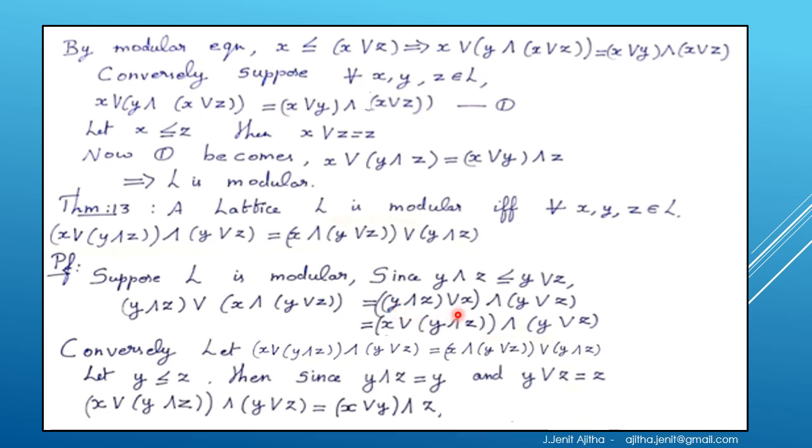So you can interchange these two. So this is equal to (X join (Y meet Z)) meet (Y join Z). So we have proved the direct implication, and now the reverse implication, the converse part. Suppose this is true for all x, y, z in L, then to prove the modular equality, you assume that y is less than or equal to z.